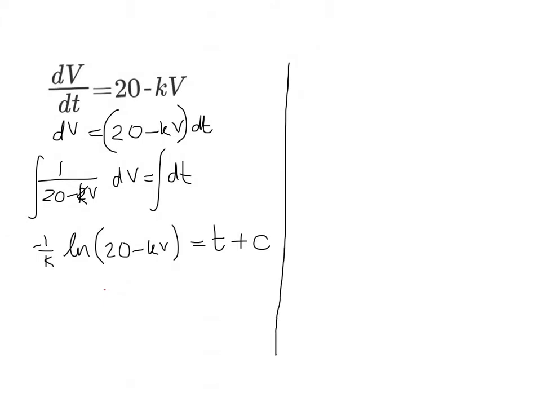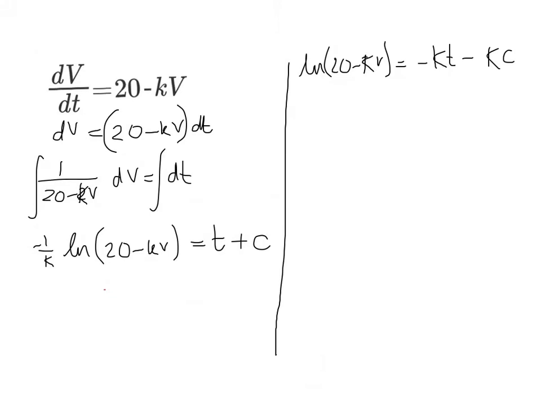Let's start by multiplying both sides by minus k. So ln of 20 minus kv equals minus kt minus kc. I'll just leave it as kc for now, although I could just write that as a or something like that.